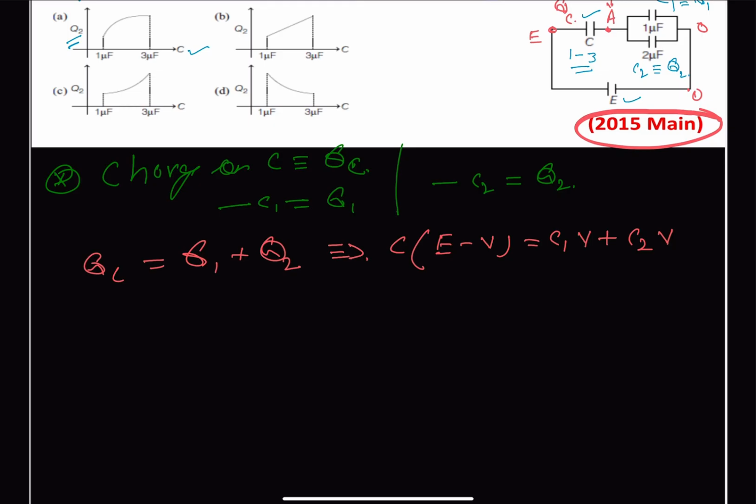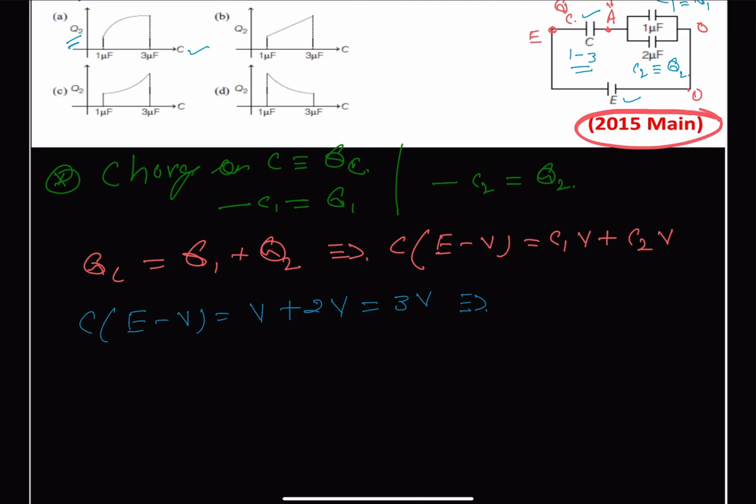So we get C times (E minus V) is equal to V plus twice V. So this comes as 3 times V, and we can manipulate the equation.